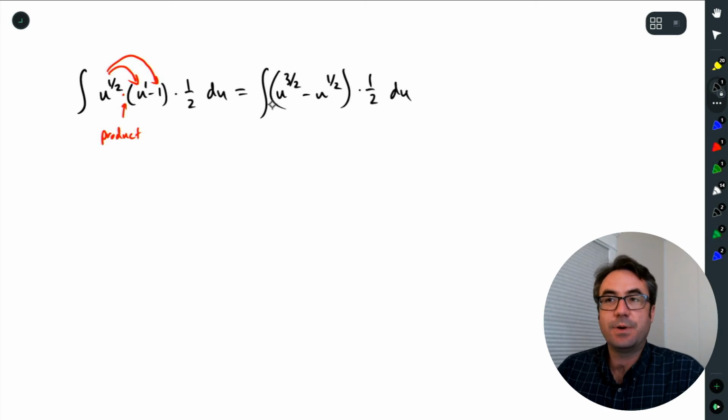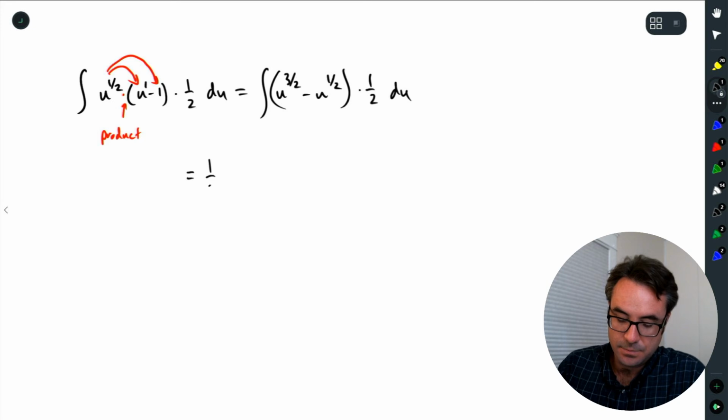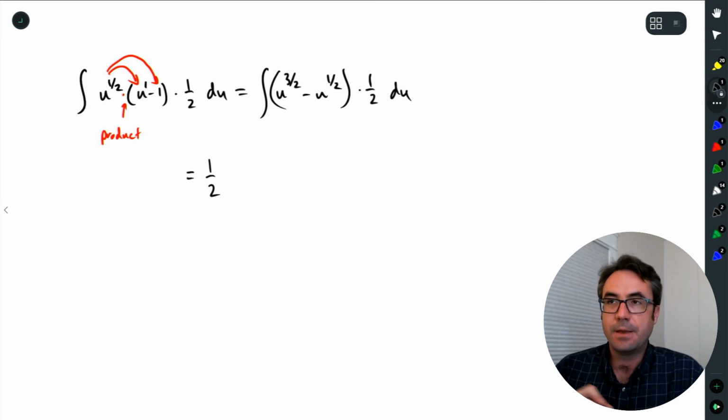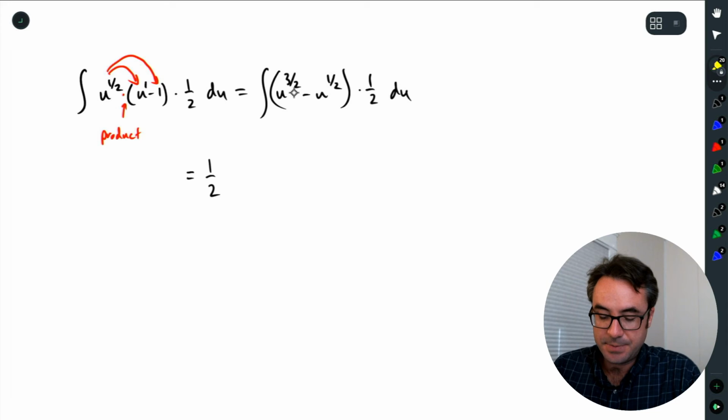We could distribute the 1/2 to each term, but just move it in front. And we're going to get the antiderivative for each of these powers. So now why this multiplication is nice is because this is just a power function and this is just a power function, and we're doing subtraction. So we can just use the power rule twice here.